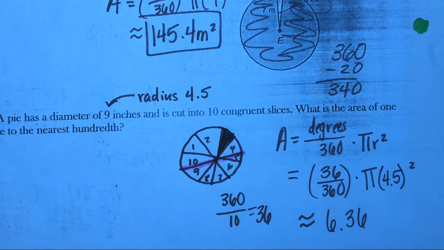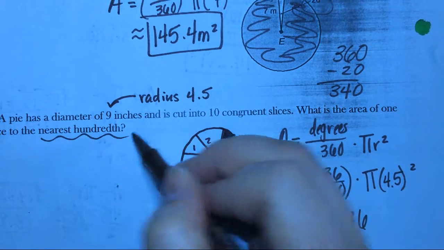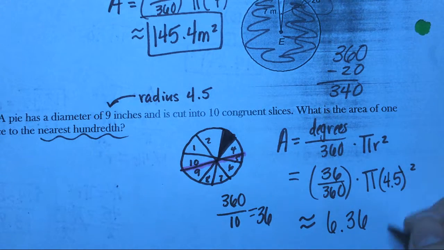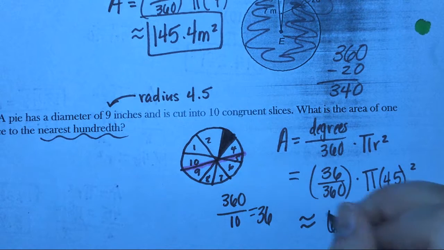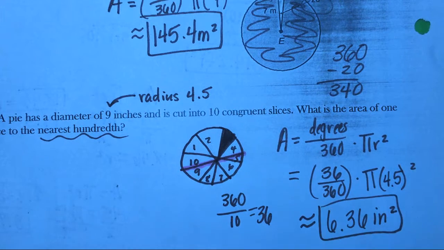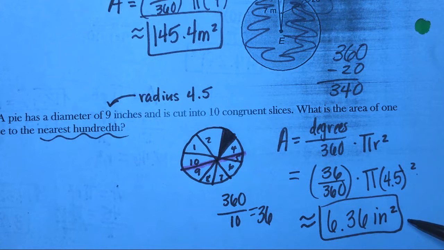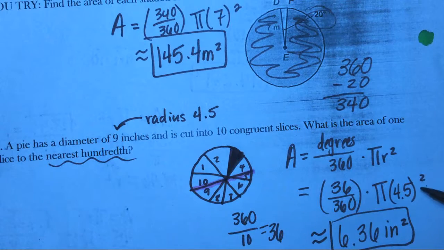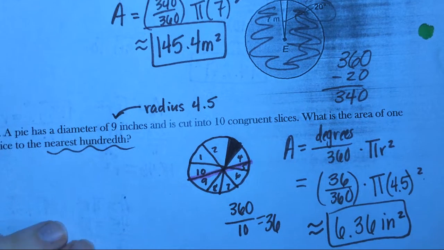It says in the directions, it actually says nearest hundredth. That's why I did 2 decimal places this time. So 6.36 inches squared. But again, Keontae gets most of his points right here. That last little bit sure does help, but he goes from 100 to a 99. It's really not that big of a deal.